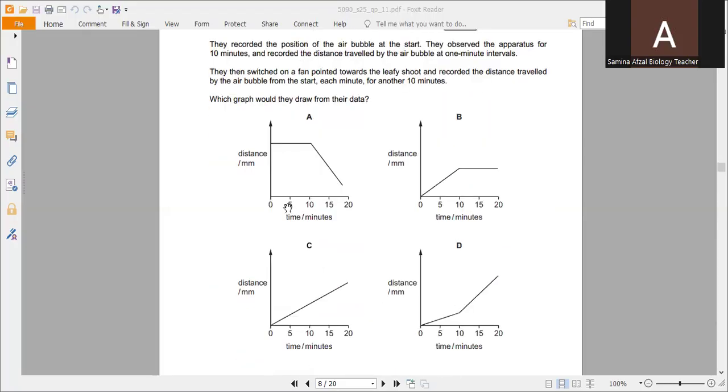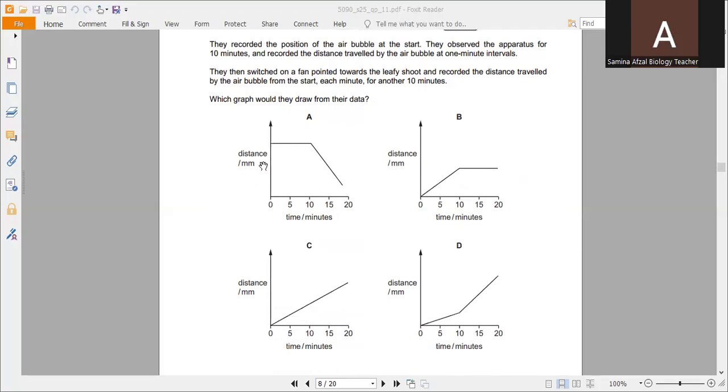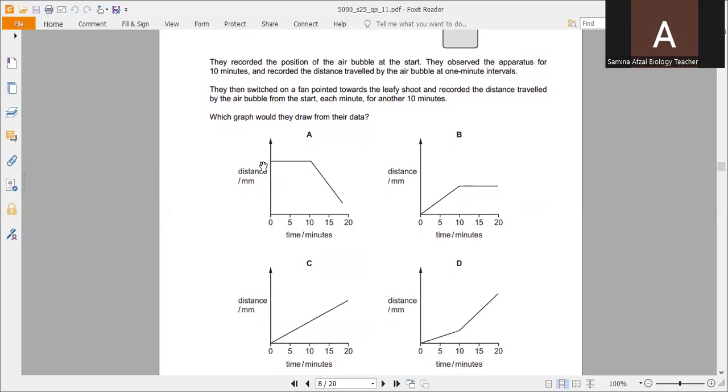So you can see the four graphs. First of all, I will go with graph A. It shows that after a time interval, the distance is decreasing.